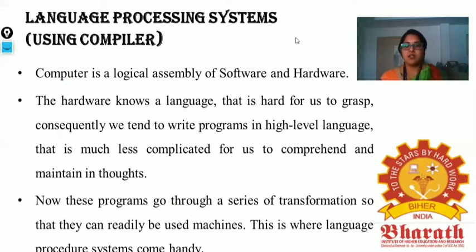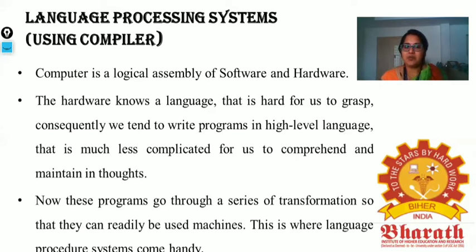Next, when you go with the compiler, you have to know what the language processing system is, which the compiler uses. Obviously everyone knows that the computer is a logical assembly of software and hardware. So what they're trying to say is the computer contains both hardware and software.